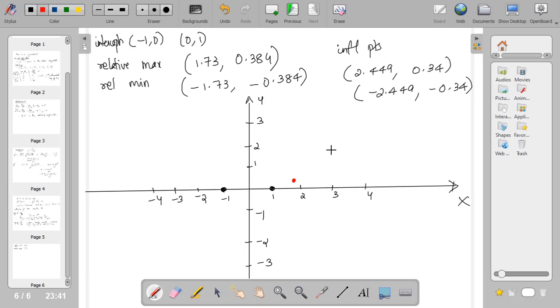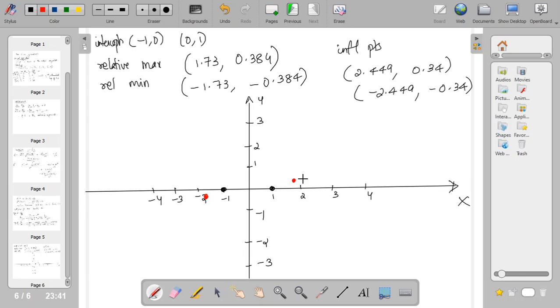Similarly minus 1.73 and minus 0.384. So here it will come. Opposite to the origin it will come. The graph is symmetric about the origin.